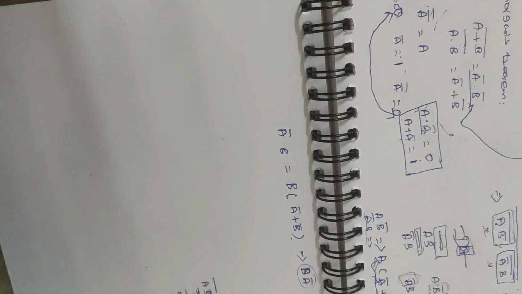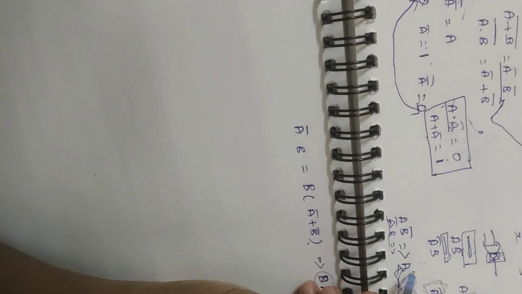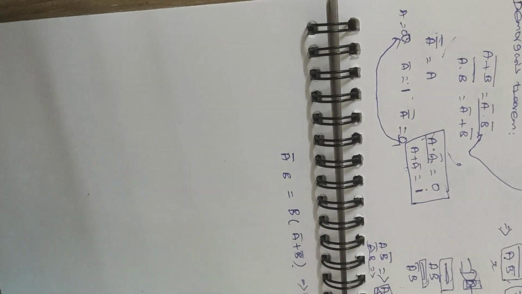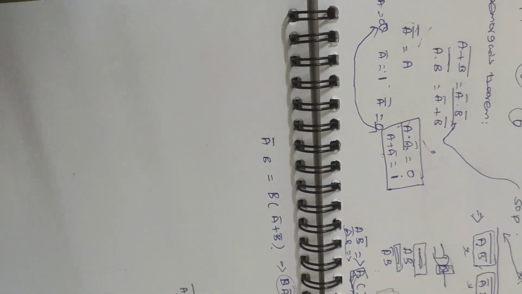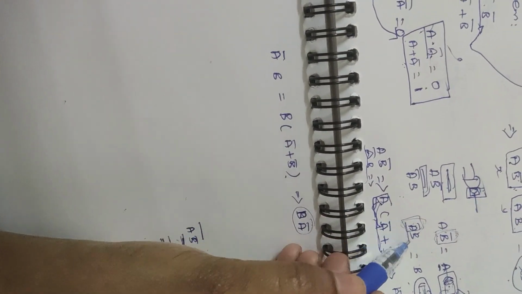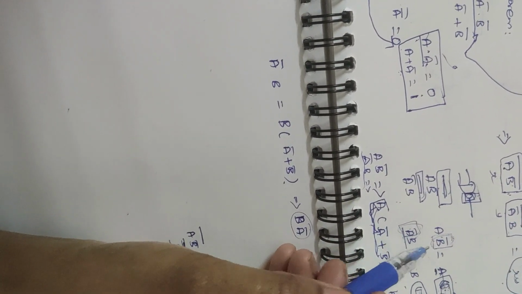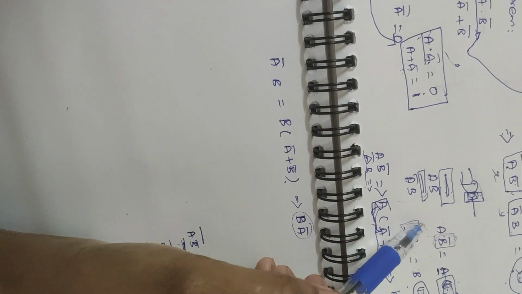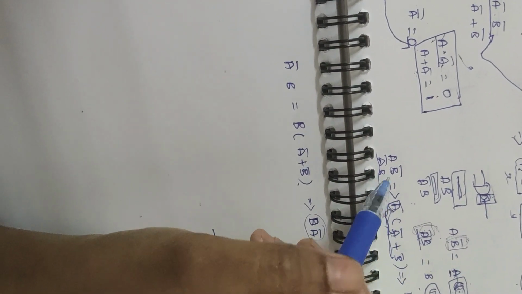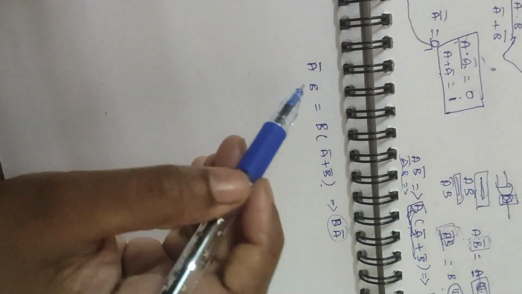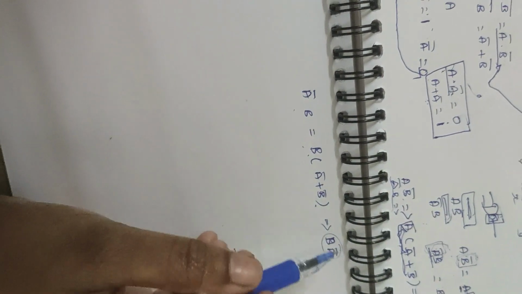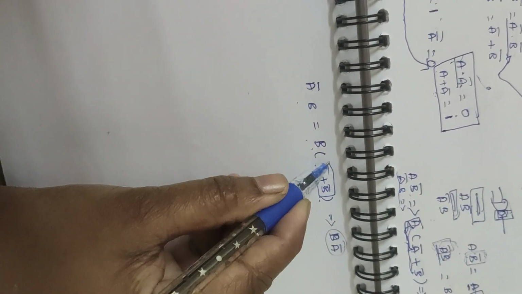So, okay, now what we have done, actually we have multiplied this A B bar with A, and A bar B with B to get this one, and this also we need, right?